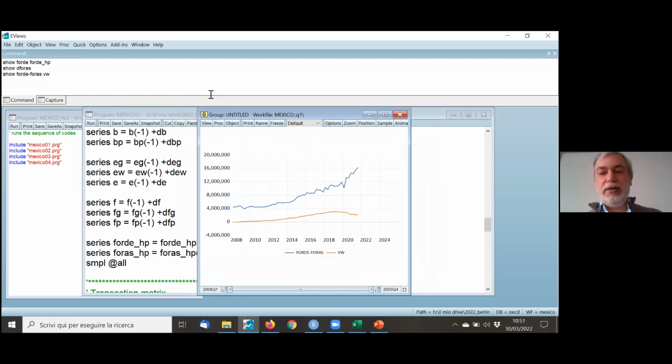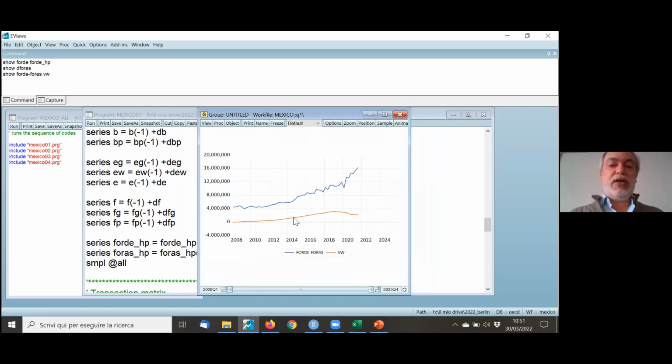And yeah, this is showing how far we are from the actual data in the balance sheet. So if I didn't do anything wrong, the blue line should be the debt of Mexico, which is an asset of foreigners, less the assets of Mexico, which are a debt of foreigners.